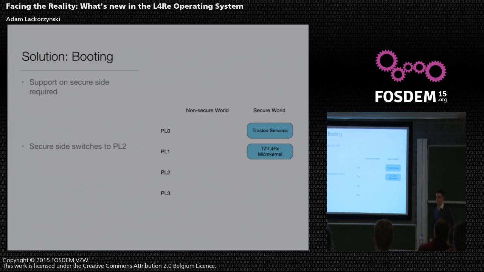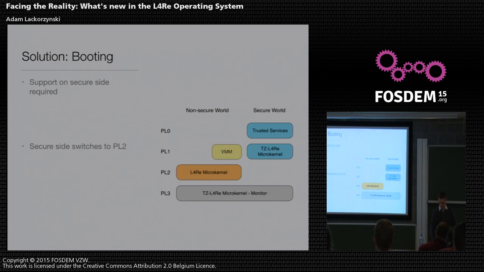We run Fiasco, the L4Re microkernel, as a TrustZone enabled kernel. This is possible. And then we can use it to switch through the monitor mode into the PL2 mode. And then we run Fiasco in HYP mode. And then we can have the VMM there, and the VMM then drives the VM.